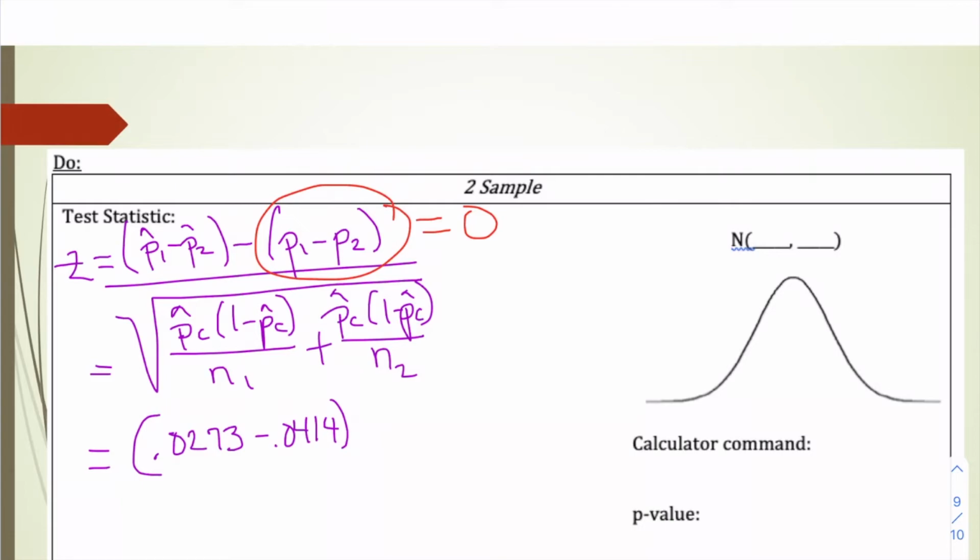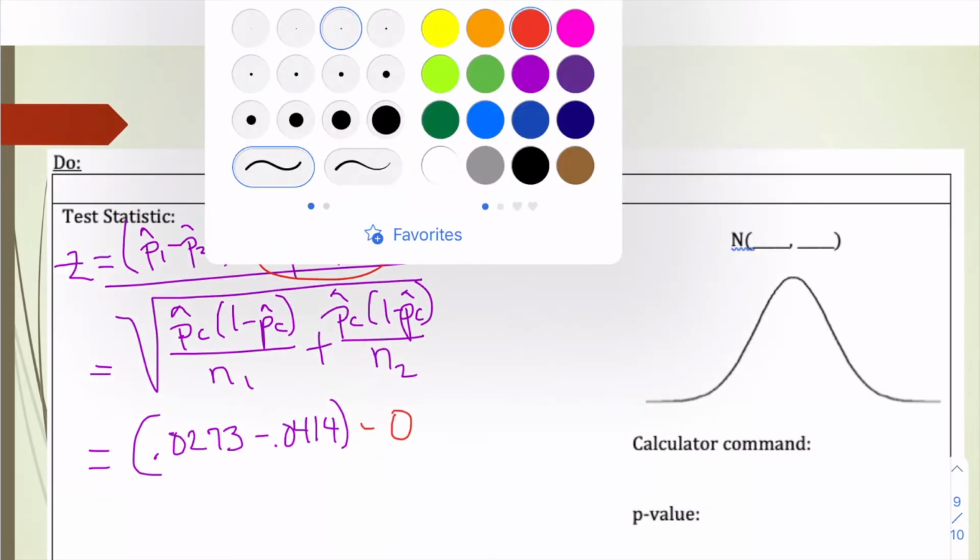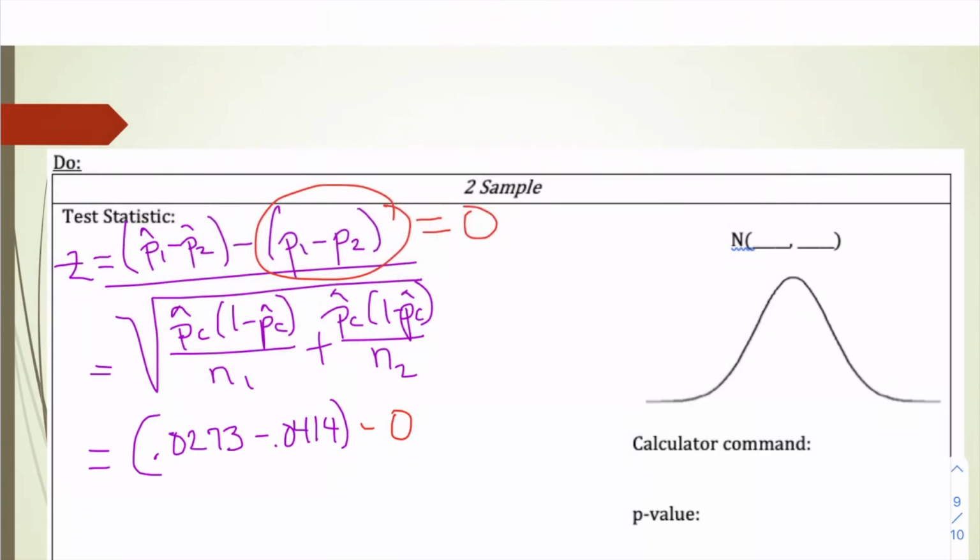So H sub 0 is that p1 minus p2 equals 0. So technically I have a minus 0 here, but I don't really even need that. Just stick with what you got.